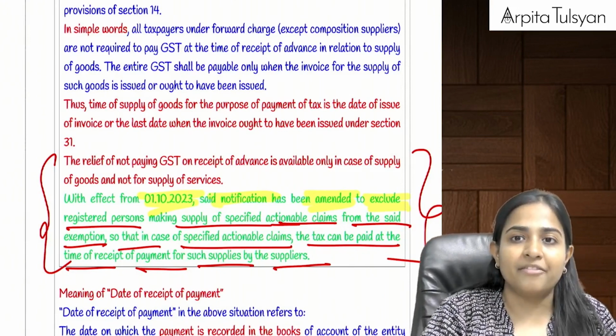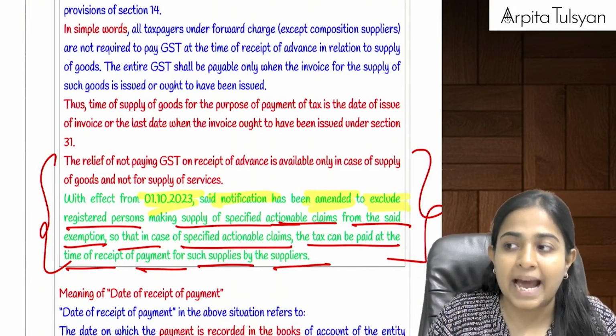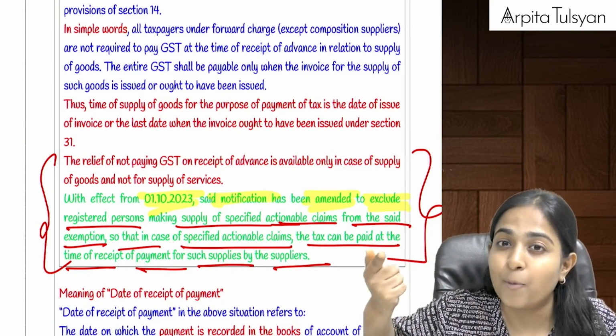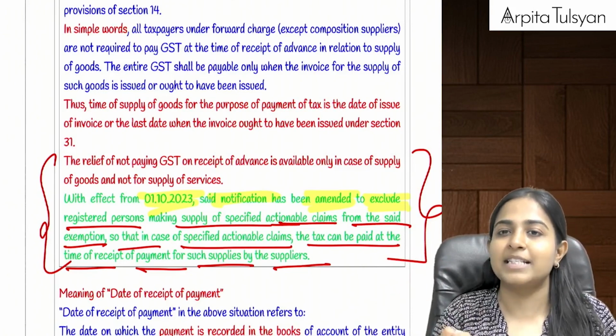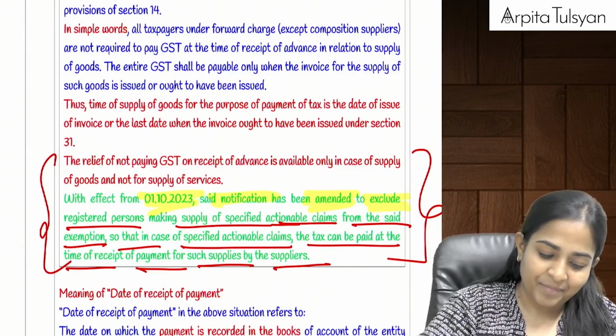But if you are a supplier of those actionable claims, and if you have received any advance money, then your time of supply does not get postponed. As soon as you receive the advance money, you are required to pay the tax to the government. Are you clear with this?